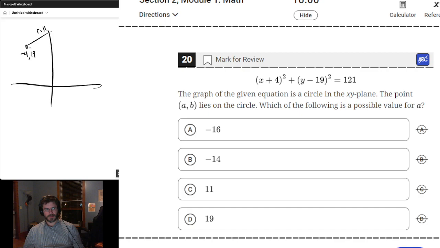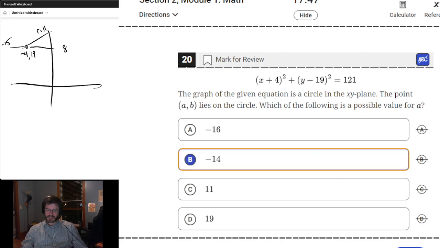So naturally, if we went out horizontally from that point, -4 plus 11 is 8, -4 minus 11 is -15. So our x-coordinate has to be between -15 and 8. And the only one that fits that bill is B.